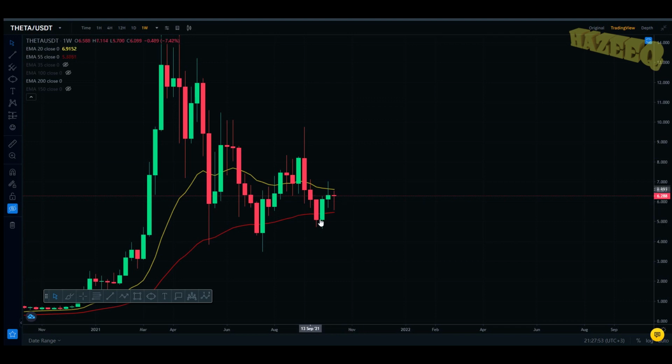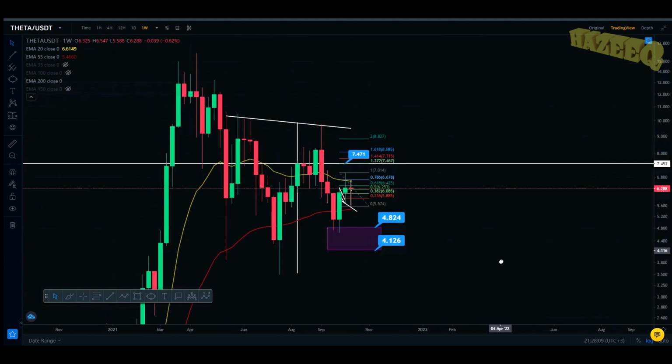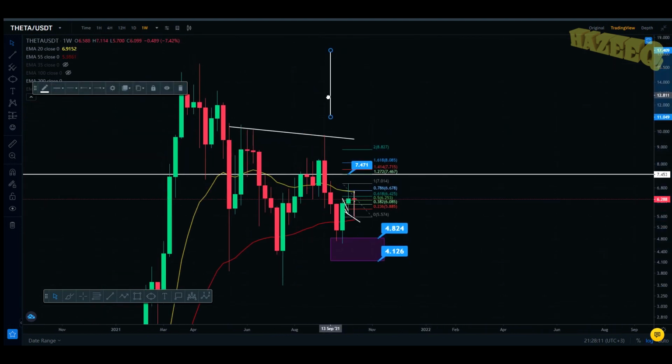But so far you're consolidating on the weekly chart, and you can see that we have some sort of a double top pattern over here. So if you take a trend line and place it to the top, okay, that was not the log scale, I do apologize. So take that trend line. If you break that high, you're looking at $16, okay?